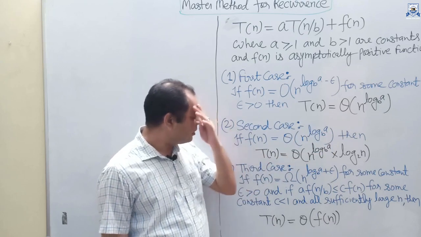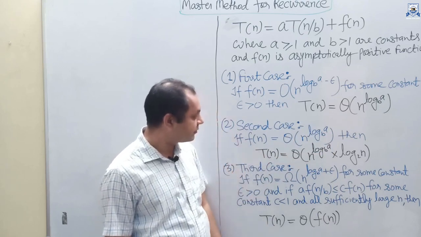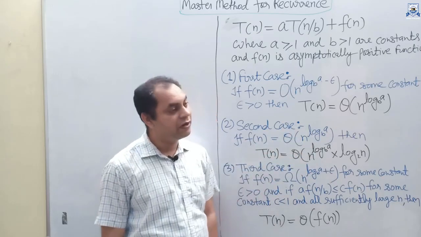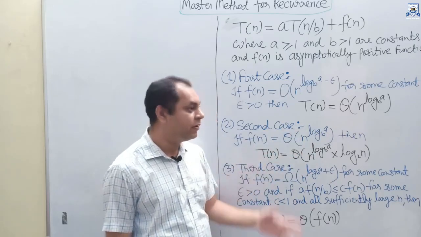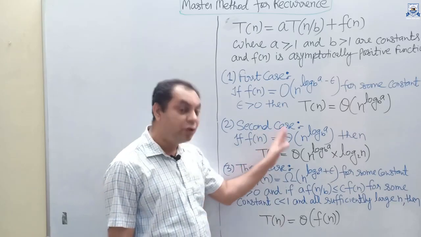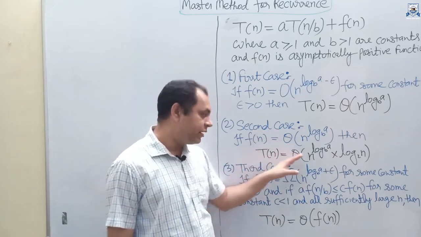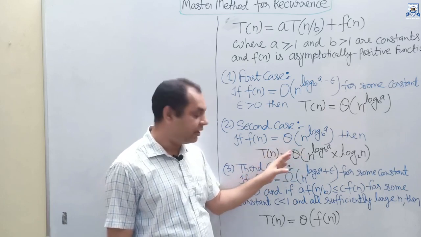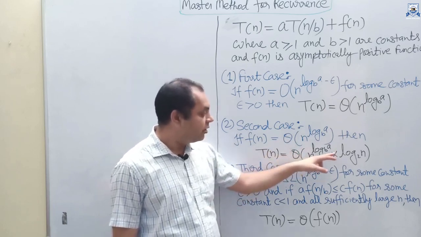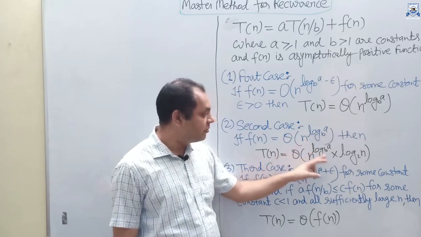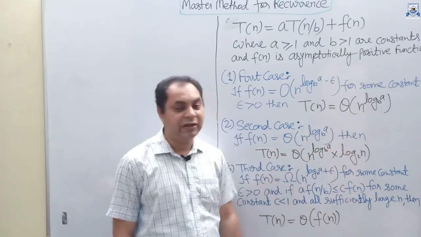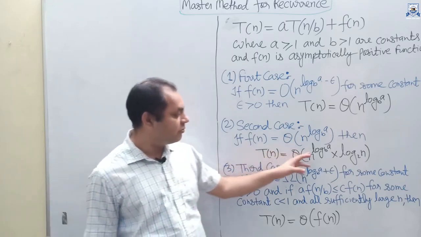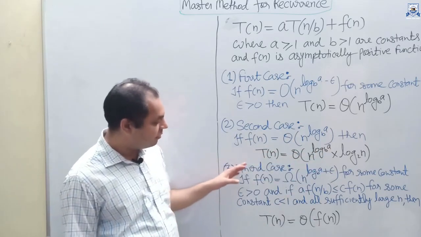It says that f(n) and n to the power log a at base b both belong to the same polynomial degree, that means both are polynomially equal, then the second case is applicable, and the solution is very simple. You can find it in a single line: n to the power log a at base b into log n. That means we have to multiply log n and the value of n to the power log a at base b.